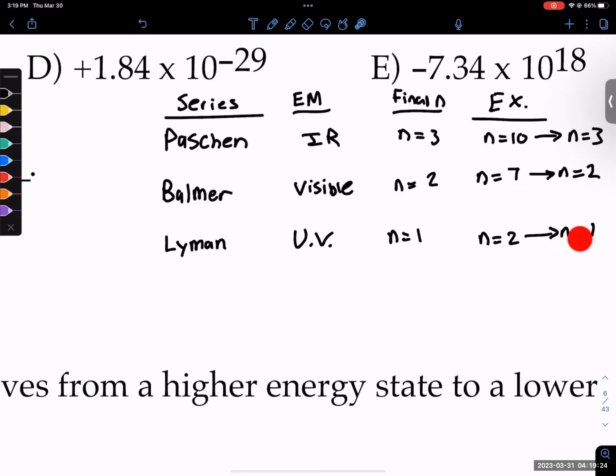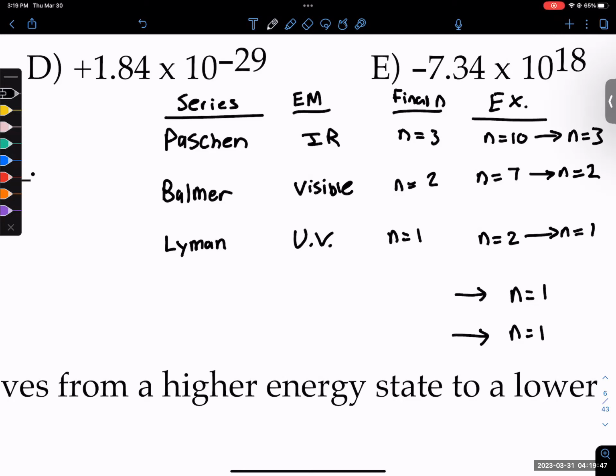The only time the amount of energy levels it goes through matters is when you have the same n value, that same final energy level value. So let's say we have n equals 1 for both of these transitions as their final. So we know that it's a Lyman series, right? It's going to emit a photon in the ultraviolet region.